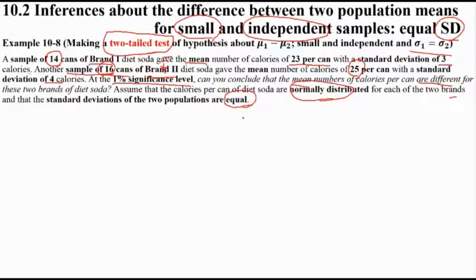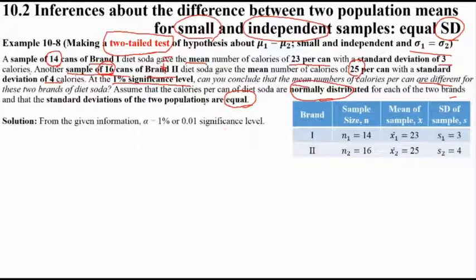You get this condition, it is assumed. All right, so from the information we get: significance level 1%, sample sizes 14 and 16, sample means 23 and 25, and sample standard deviations 3 and 4, which means calories per can.